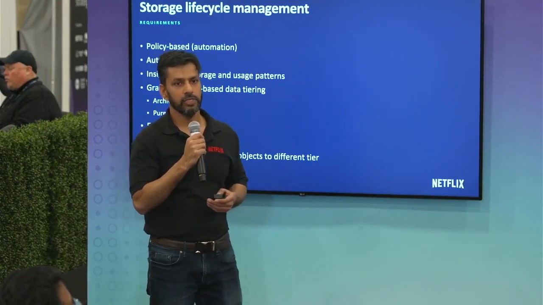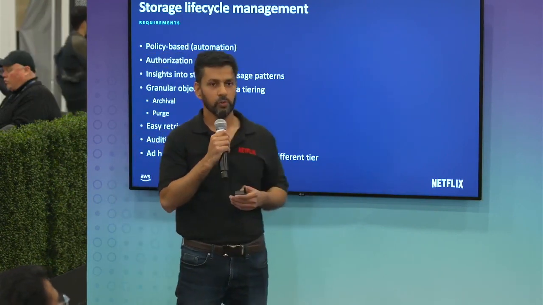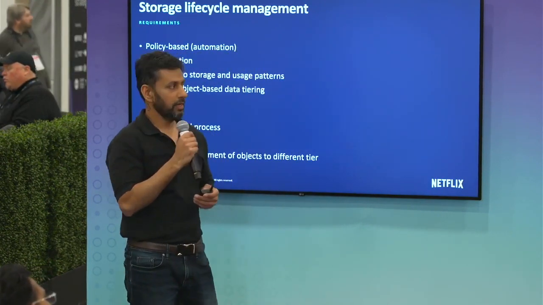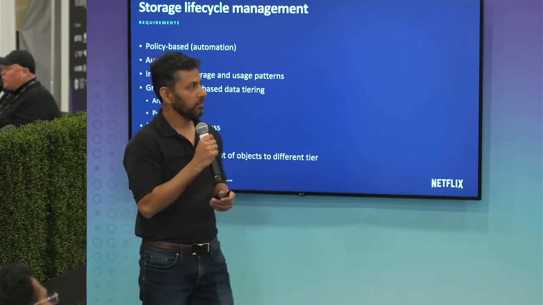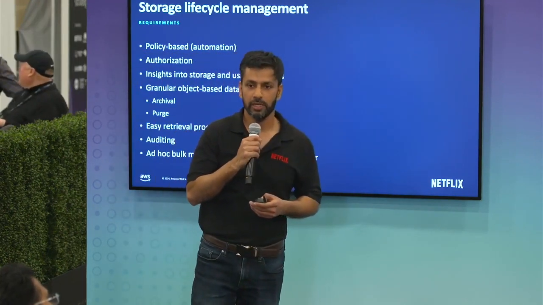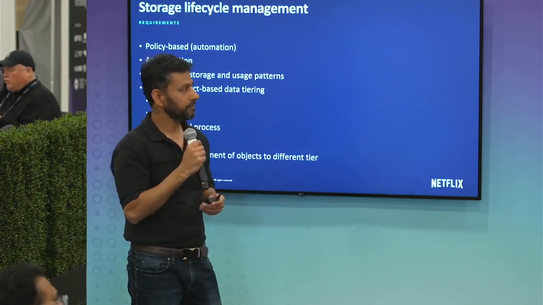And these rules can be move data to different tiers after 30 days or something like that. And we want this to be an automation because we're talking about a huge number of shows here. And once our client has attached the policy, it becomes an automation and it will follow its life cycle based on whatever the rules dictate.